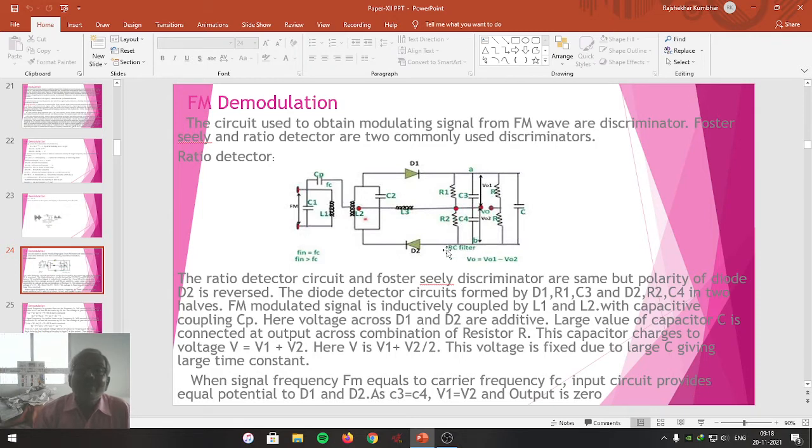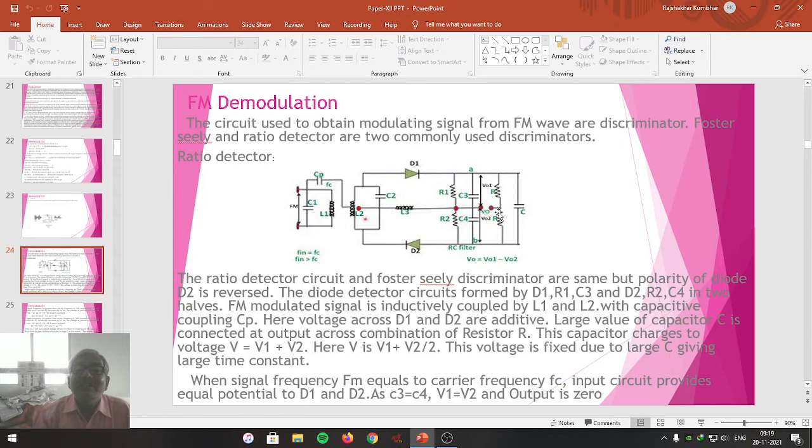Friends, the directions of diodes D1 and D2 are exactly opposite to each other. Here, the combinations R2 C4 and R1 C3 act as filter circuitries in the respective halves of the ratio detector discriminator circuit. The output demodulated wave is obtained at the center tapping of the R1 R2 combination and the two equal resistances of R connected.